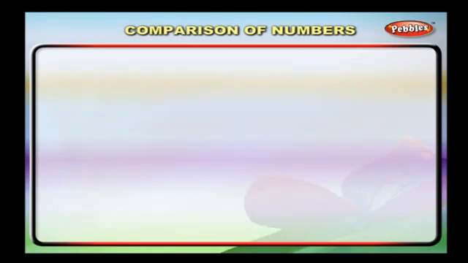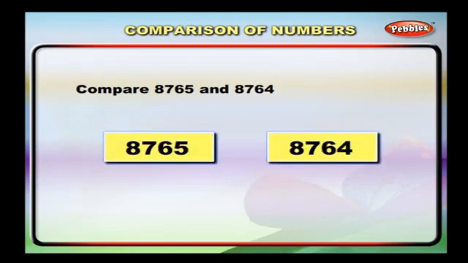See another example. Compare 8765 and 8764. Both are 4-digit numbers. Both have the same number in the thousands place, that is 8. Both have the same number in the hundreds place, that is 7.